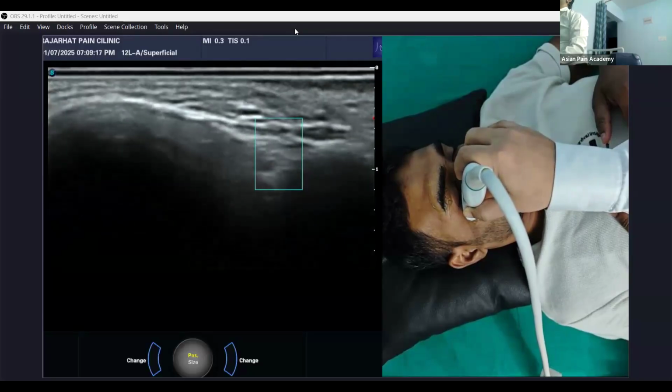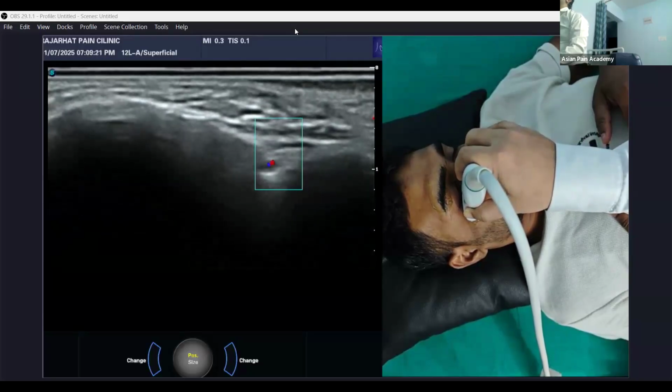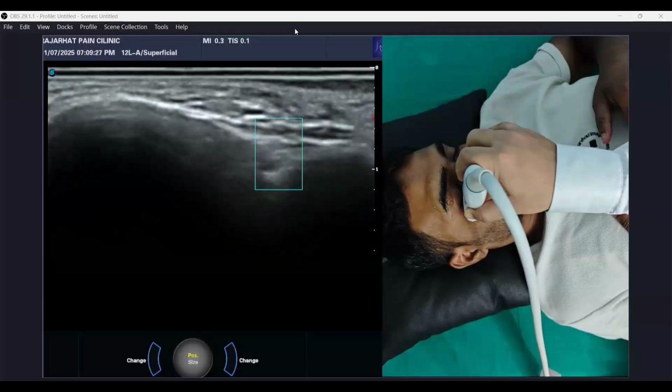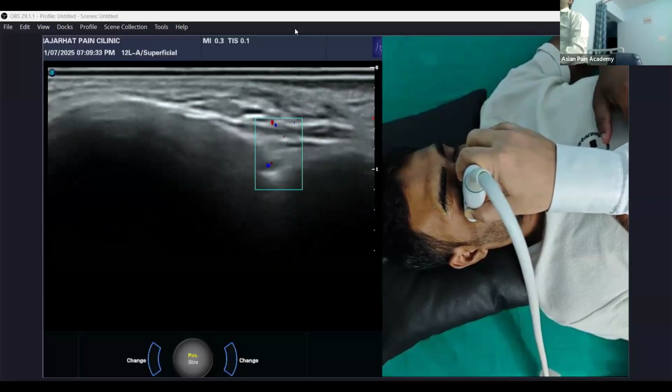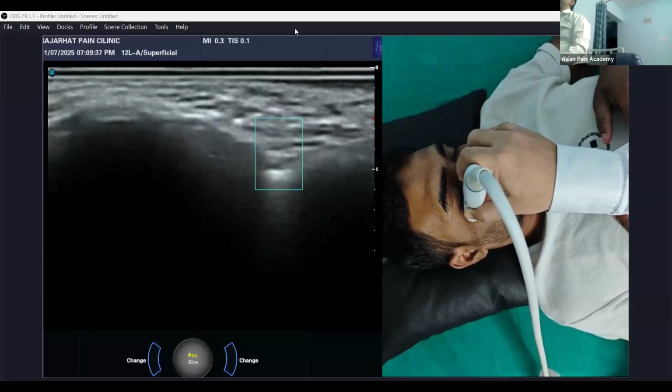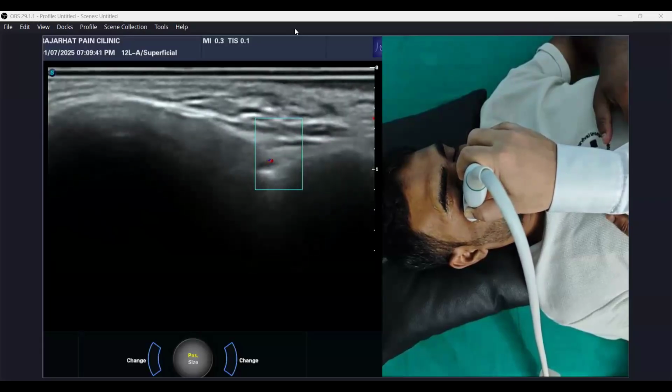Here, of course, we can go with the in-plane approach or out-of-plane approach. Both we can do here. We inject beside the artery, inside, in the foramen.